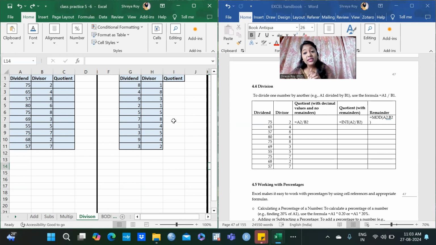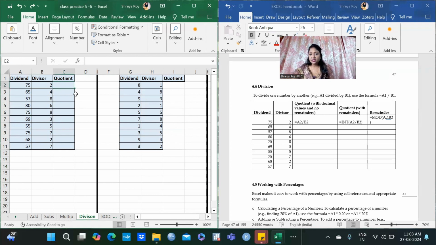One in which we get the decimal places. So it can be a long method or a short method. Generally in the short method division, you get the decimal places, whereas when you use the long division method, you generally end up with a remainder. Okay, so let's learn both the methods in Excel.